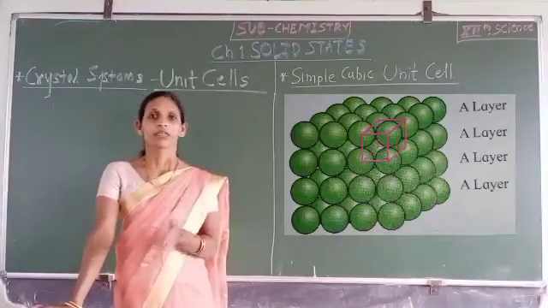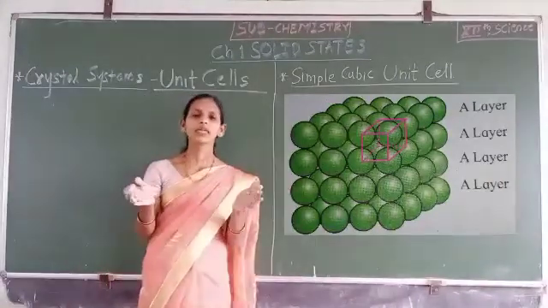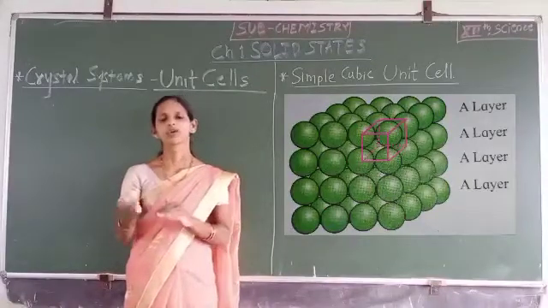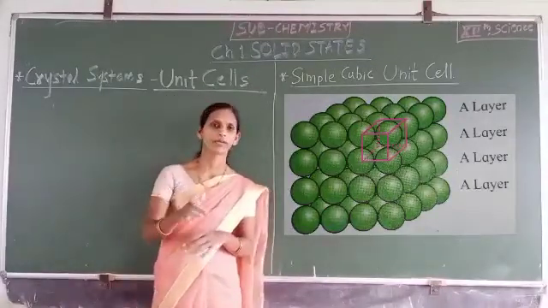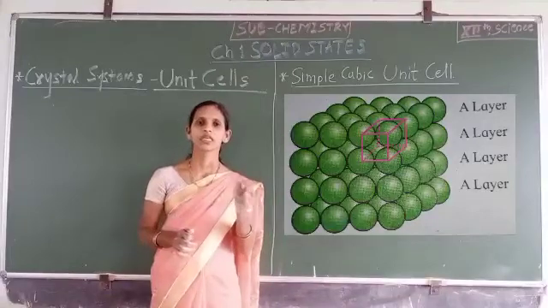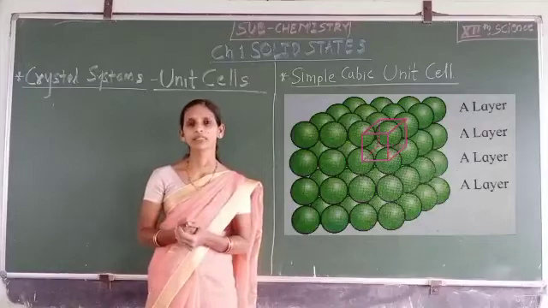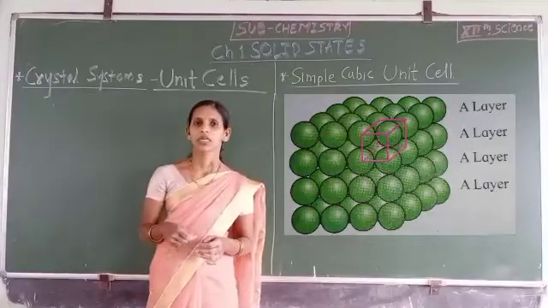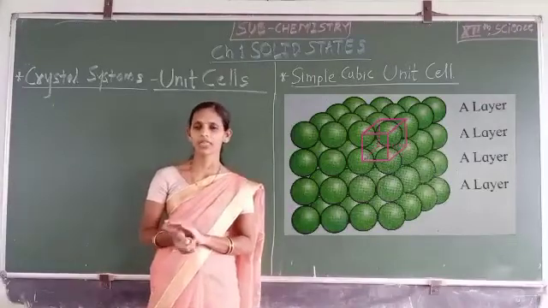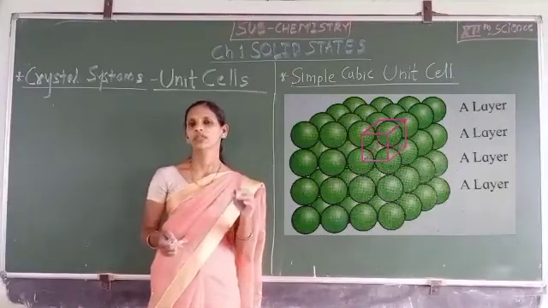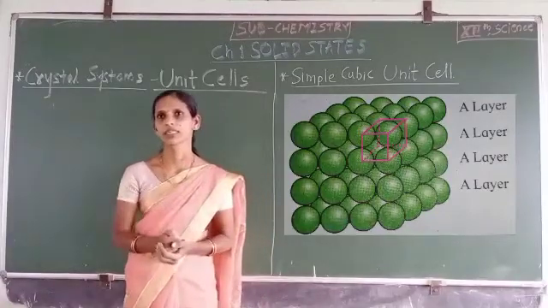That means those unit cells are closely packed or closely stacked in a three-dimensional pattern, and it forms the crystal lattice. All of you are studying the different 14 types of unit cells present in different crystalline substances.